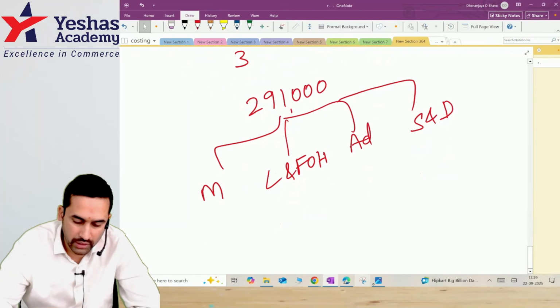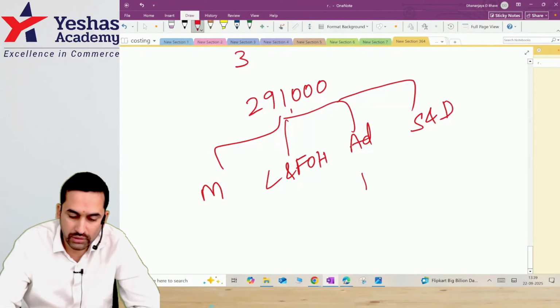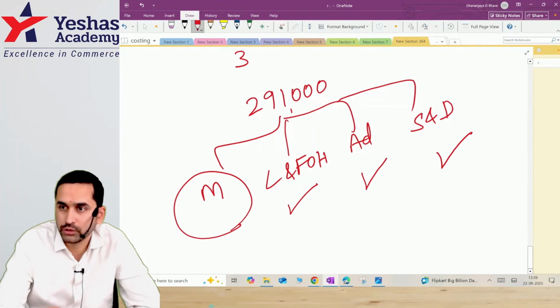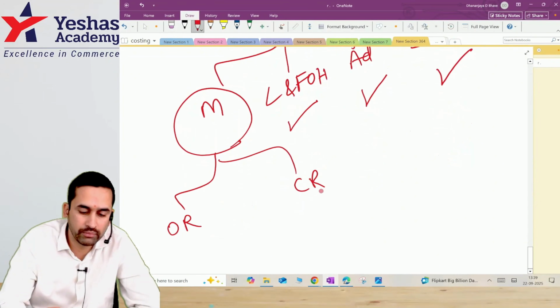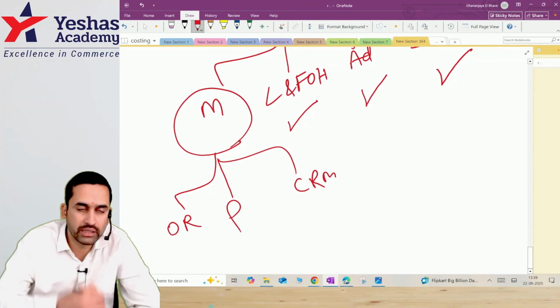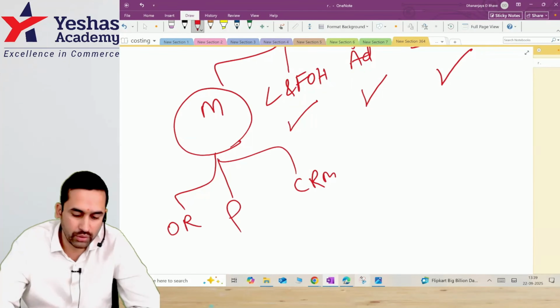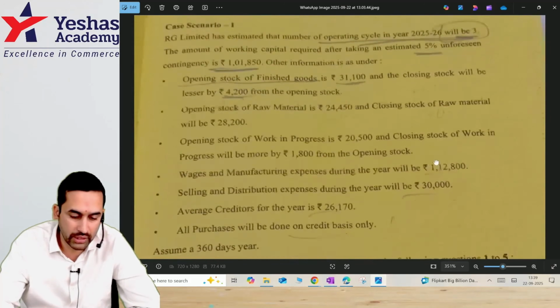Now you see in the question, here they gave you wage and manufacturing, they gave you selling and distribution. There is no office admin anywhere. So I'll first put these and this, then this has to be raw material consumed. Using this, you have opening RM, you have closing RM, missing number is purchase. This you should do working note first, then only you will be able to crack the sum. Otherwise, you won't be able. I don't see any office admin in the question.